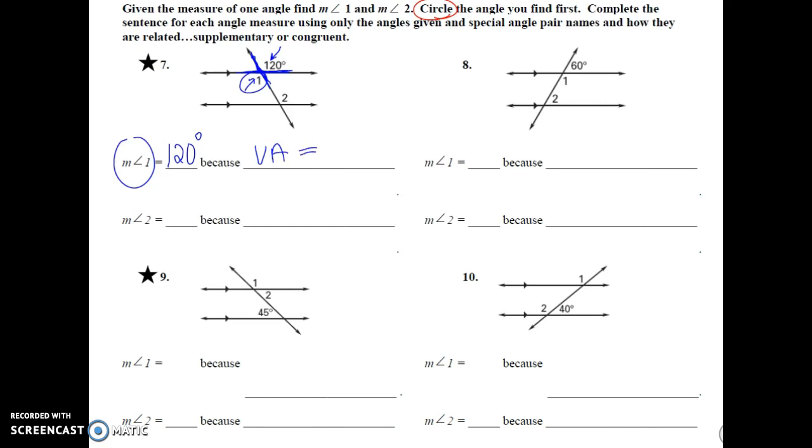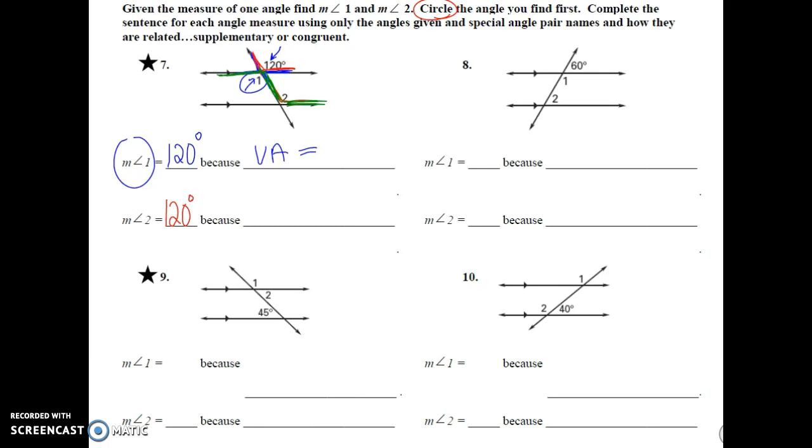And then you could follow up angle 2 a couple different ways. You could use the 120 and see corresponding angles. Or you could use angle 1 and use alternate interior angles. In either case, they both turn out to be 120 degrees.